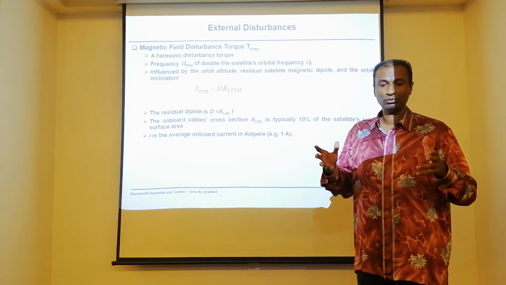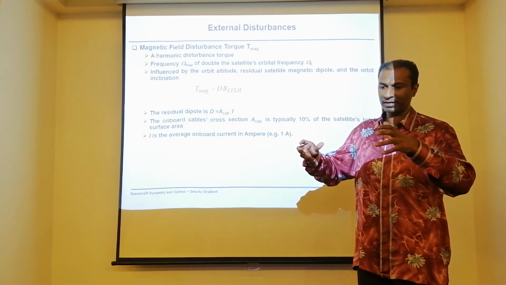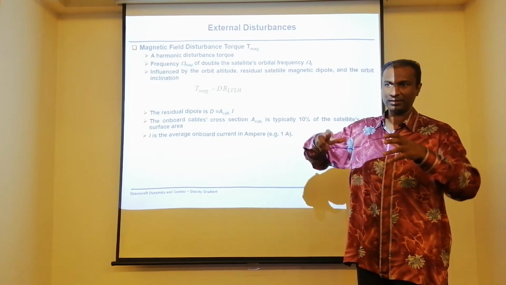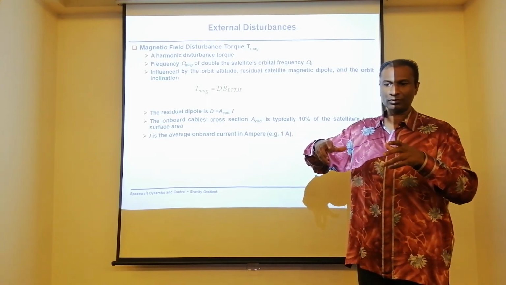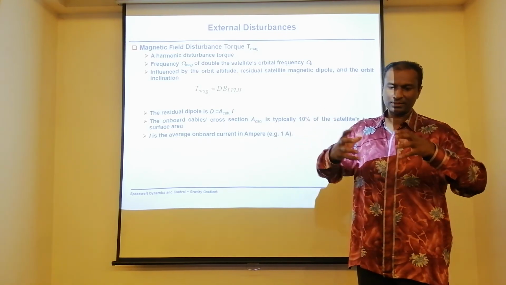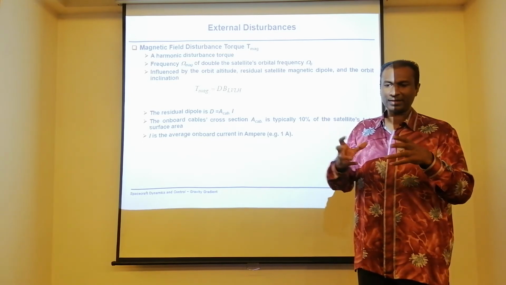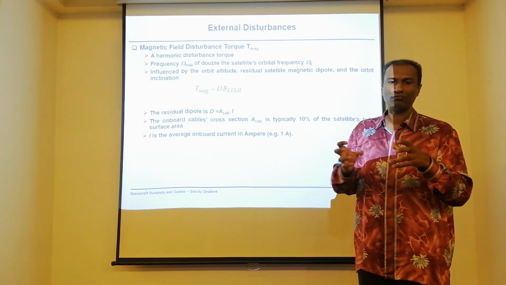How? Assume that you have a permanent magnet, you put it into the magnetic field, it can actually move. So assume the permanent magnet is inside the satellite, you put it under the influence of the magnetic field, practically the satellite can move.